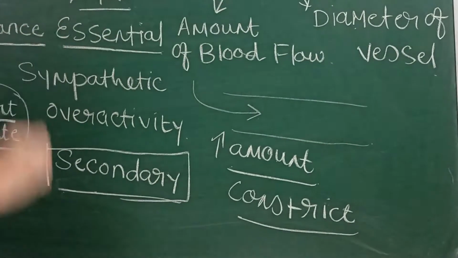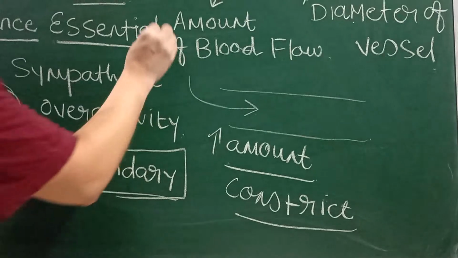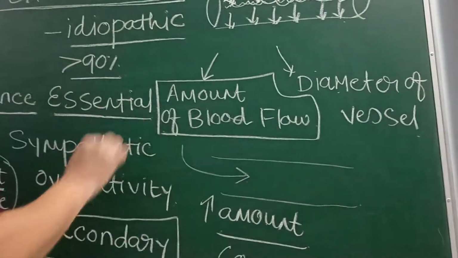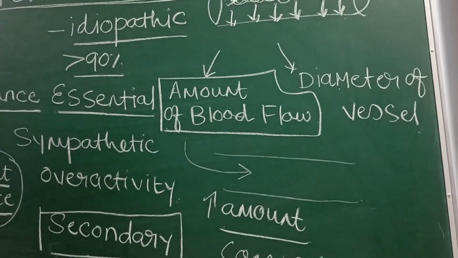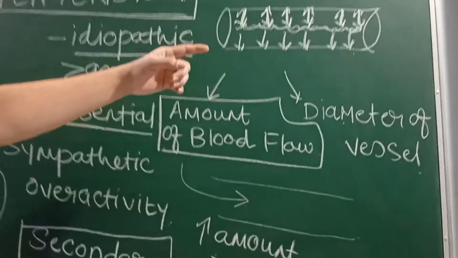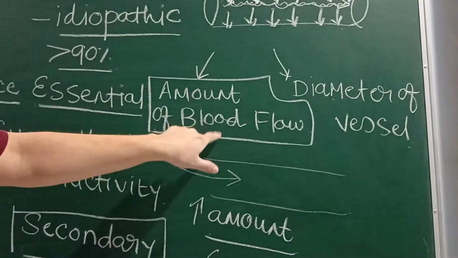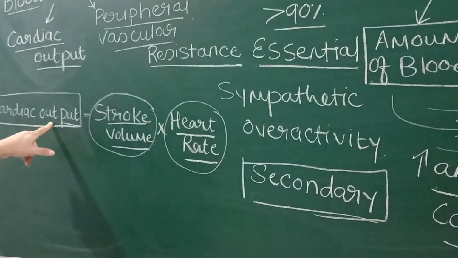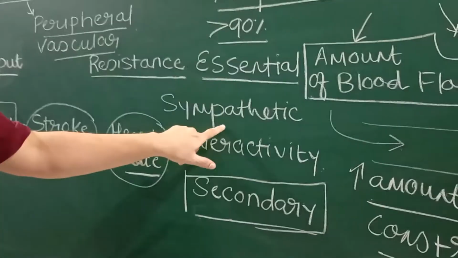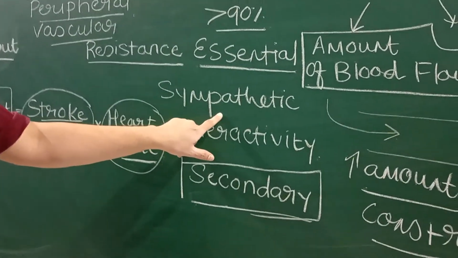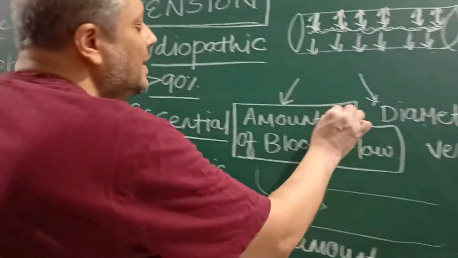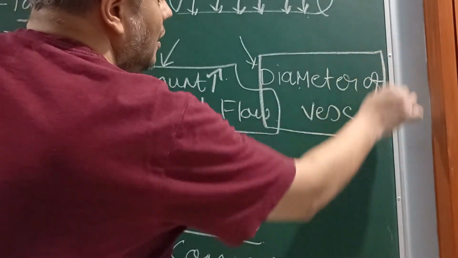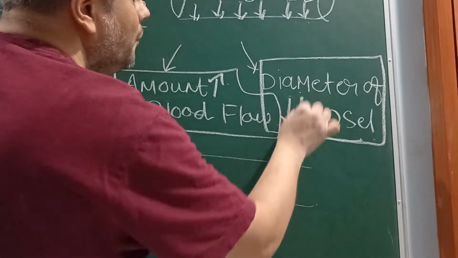The same applies in the case of blood pressure. If the amount of blood flow in the peripheral vascular system increases, the blood pressure increases. The amount of blood flow increases when the cardiac output increases, and the cardiac output increases when there is a sympathetic overactivity. That is one. And second is when the diameter of the vessel reduces.